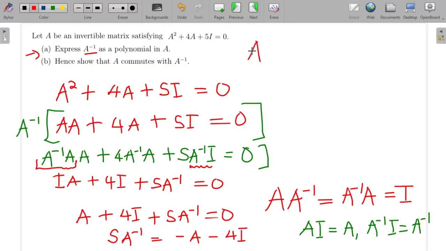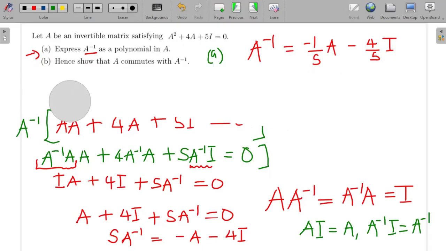A inverse is the same as minus 1 over 5 multiplied by A, and then minus 4 over 5 multiplied by the identity. So you can see that A inverse is actually the subject of the formula here. So we are done with part A. We have expressed A inverse as a polynomial in A.